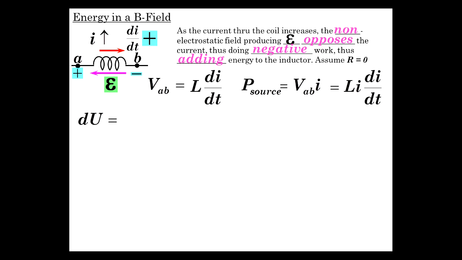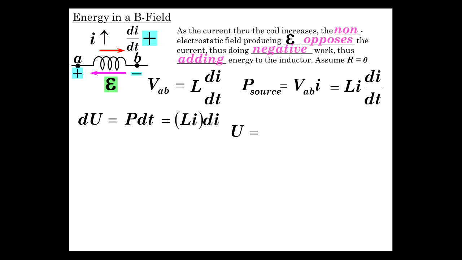Now the differential potential energy is then just going to be power times dt, P dt, power delivered to the object times differential time. And so the power is L I dI/dt. So it's just L I dI/dt times dt, of course.